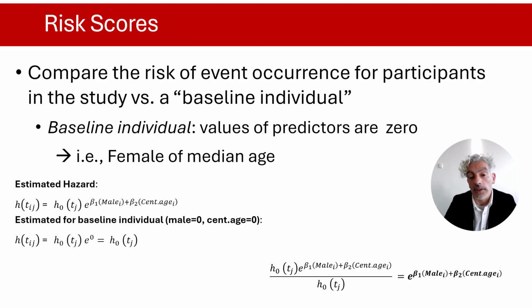So basically, this means that the risk score of an individual with non-zero values in the predictors is equal to the exponentiation of the sum of the products of the beta parameters with the respective values of the predictors. So it's equal to this expression you see at the bottom right of this slide.